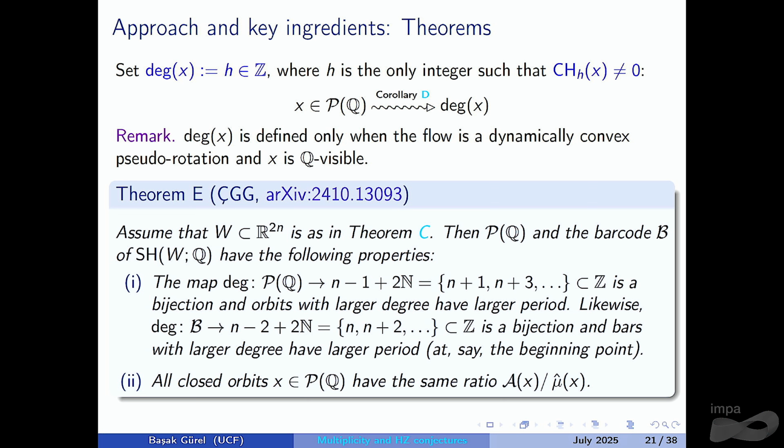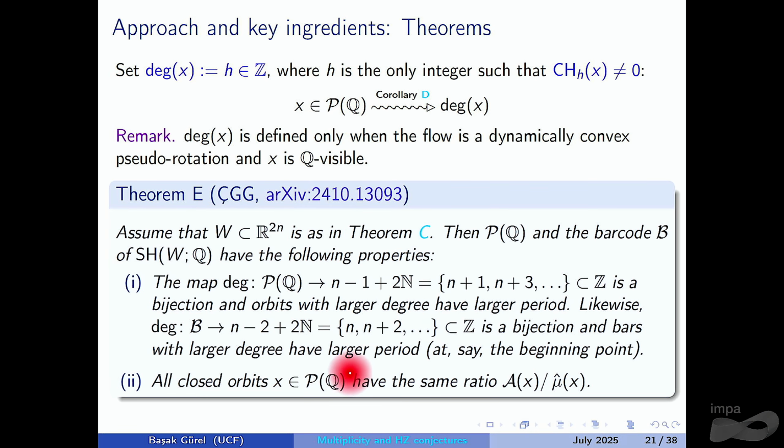And then once you have that orbit, theorem C is going to tell you that you have precisely one bar ending at that orbit X and then starting at that orbit X, and then you can argue what this degree has to be in the barcode, and then continue this way.